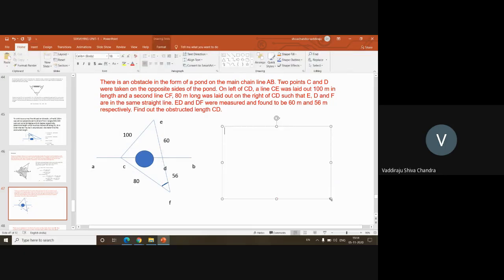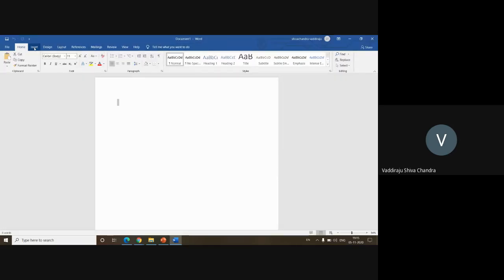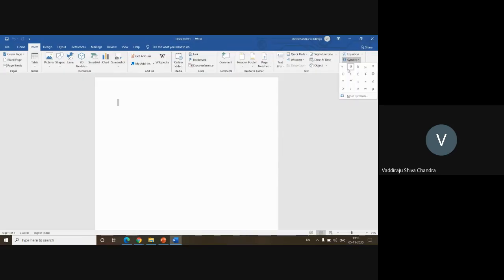From this figure, what is cos theta? So this is your theta value.